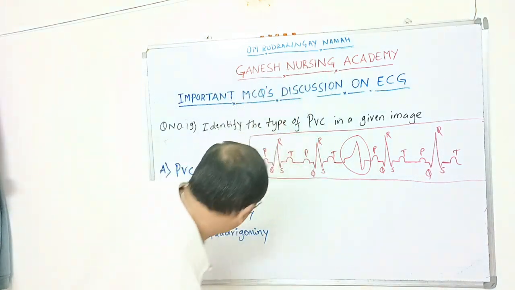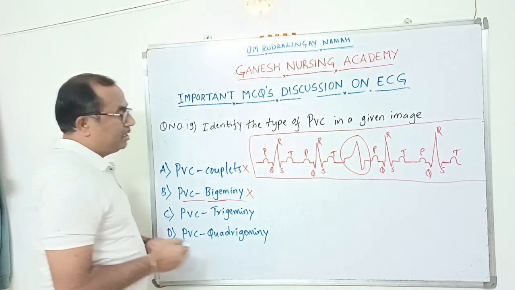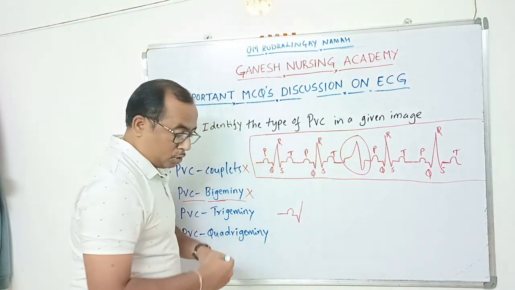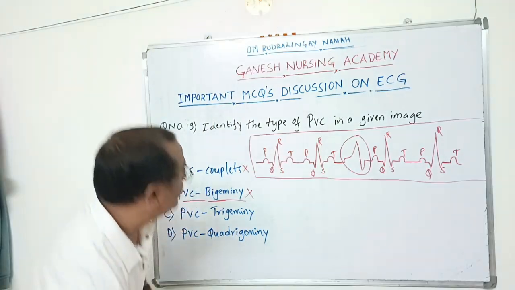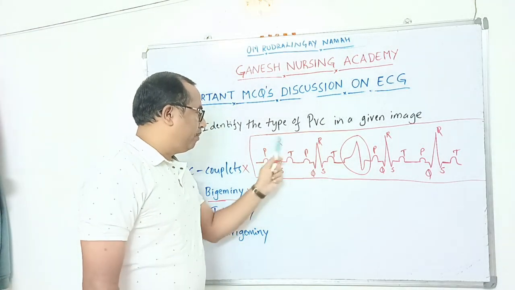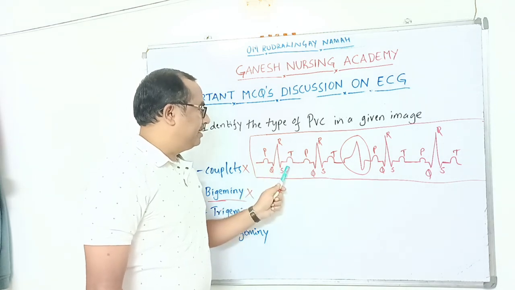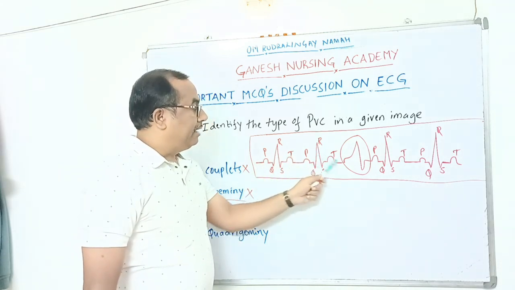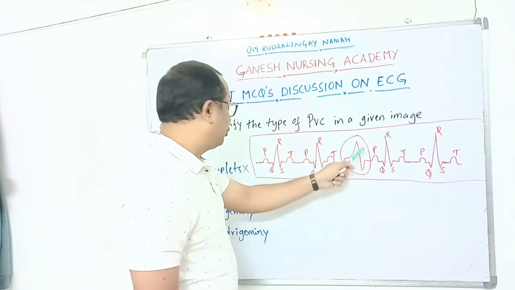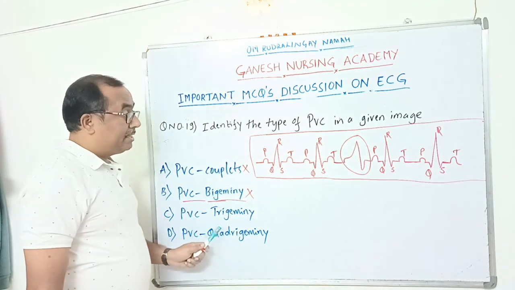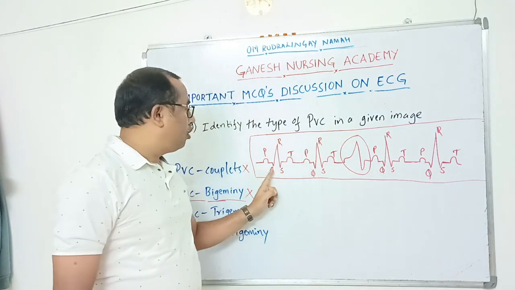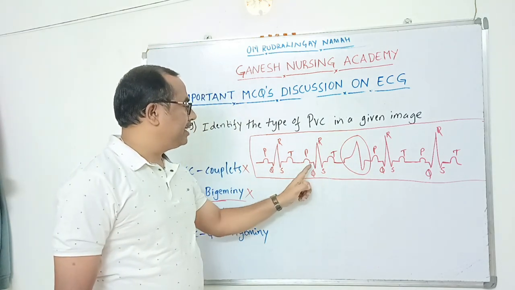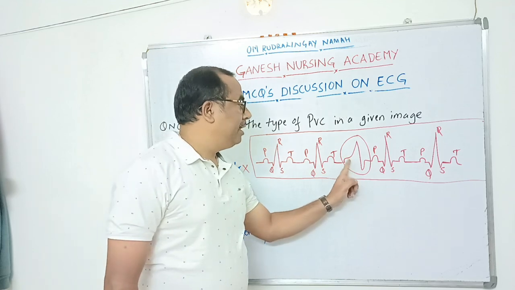Now let's see the third option, PVC trigeminy. The image given is a PVC trigeminy. Here, this is a normal rhythm, the second rhythm is also normal, and the third beat is ectopic. Trigeminy means every third beat will be an ectopic beat. First is a normal rhythm, second is a normal rhythm, and third is an ectopic beat.